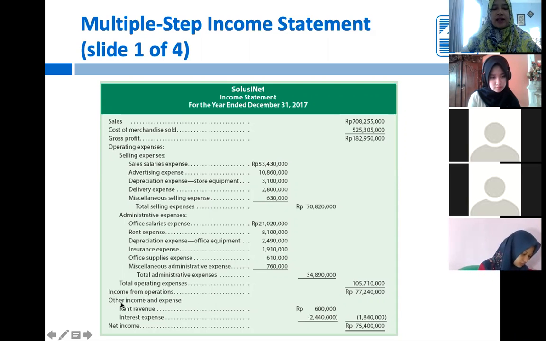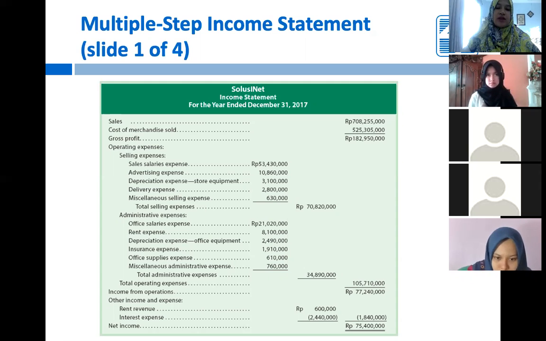And then other income and expenses are positioned after that. So let's say the company has a rent revenue, but also it has interest expense, so it will be offset here. Then only income from operations minus other income and expenses will give us the net income. Okay, so that is what is called the multiple step income statement.